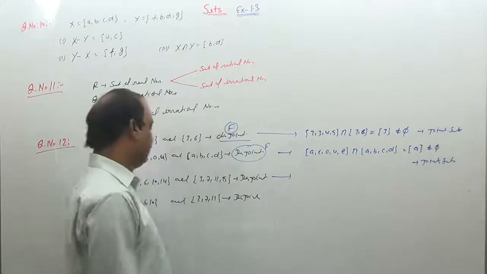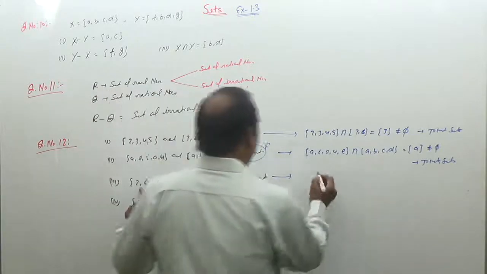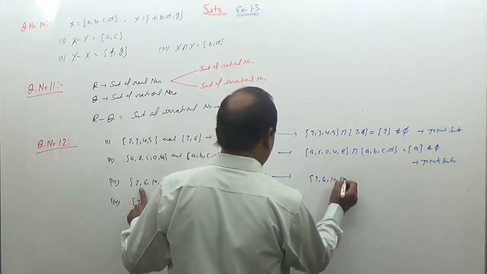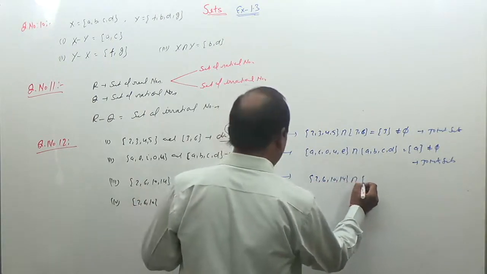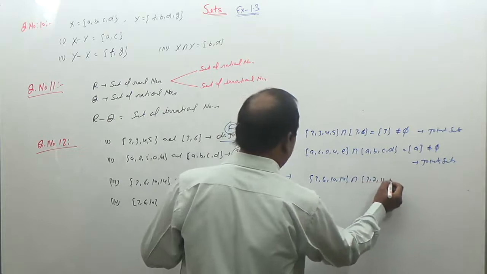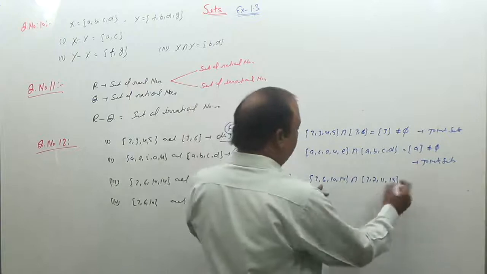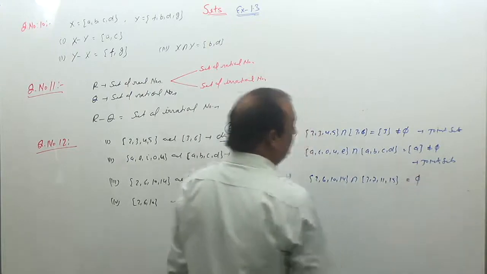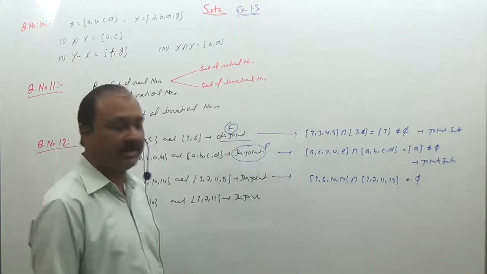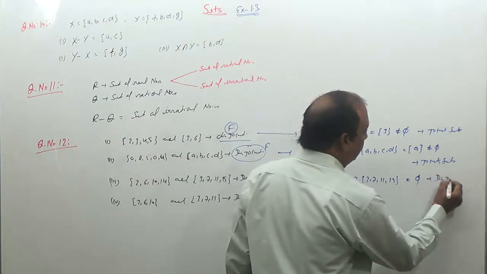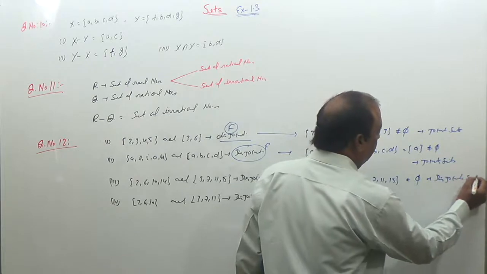Now third set is, taking their intersection, {2, 6, 10, 14} intersection {3, 7, 11, 15}. There is no common element between them. So their intersection is the empty set. So these are disjoint sets.